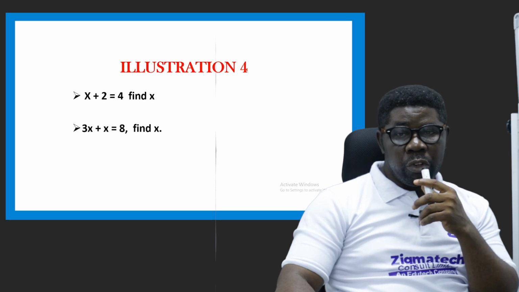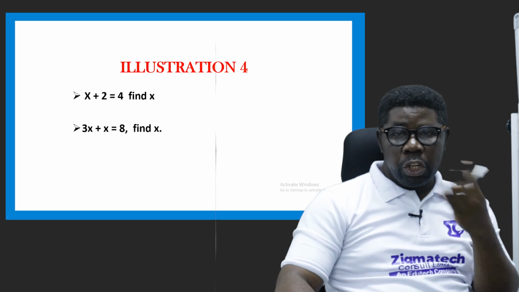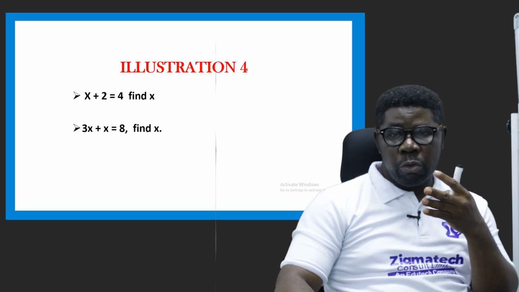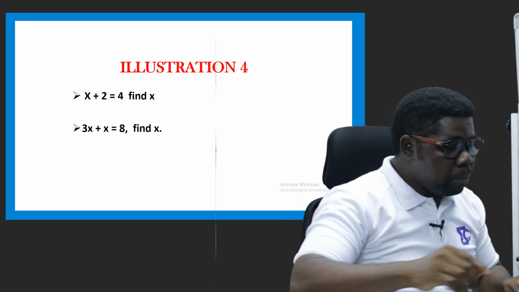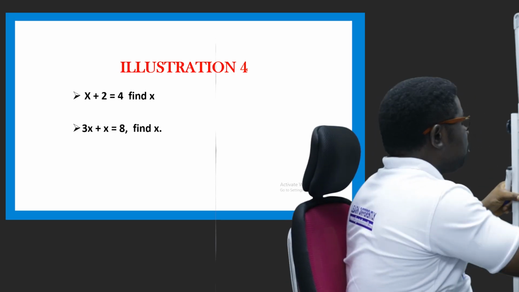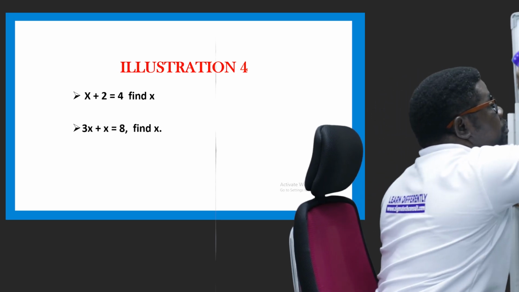Find x. Make x the subject of the formula. Take 2 across, it becomes minus. So 4 minus 2 becomes 2. So x is equal to 2. We are done with this.